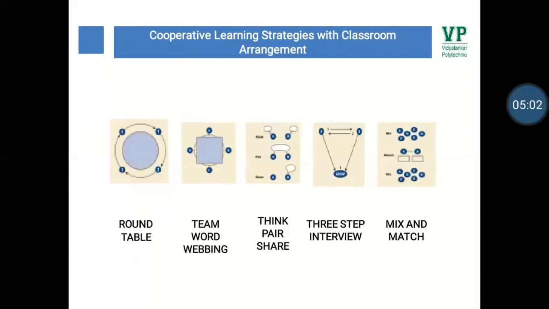Also round table, team word webbing, think, pair, share, three-step interview, mix and match, etc. The description, benefits and purpose of each cooperative learning strategy are explained in the next slide.